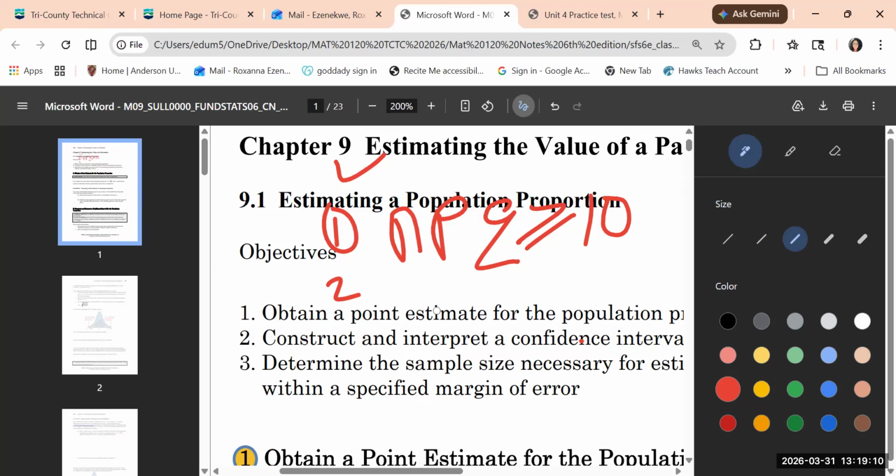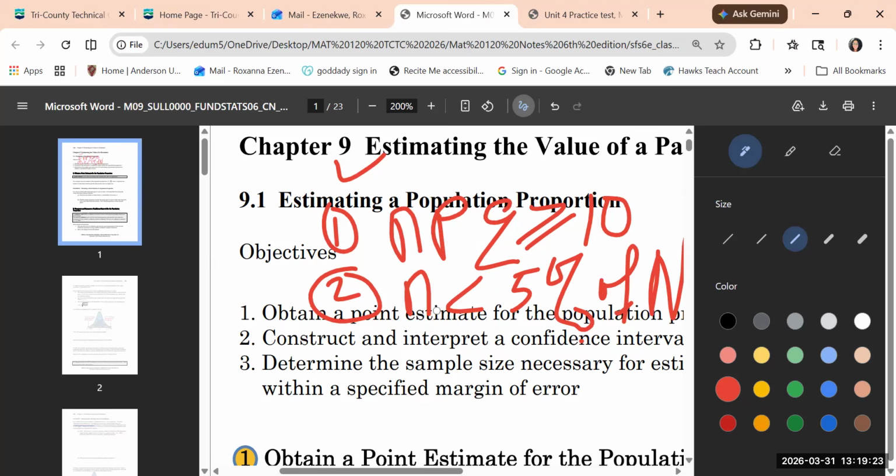Condition number 2, the sample size must be less than 5% of the population. The estimated sample size is 200, and I already know that 200 is less than 5% of 360 million Americans.